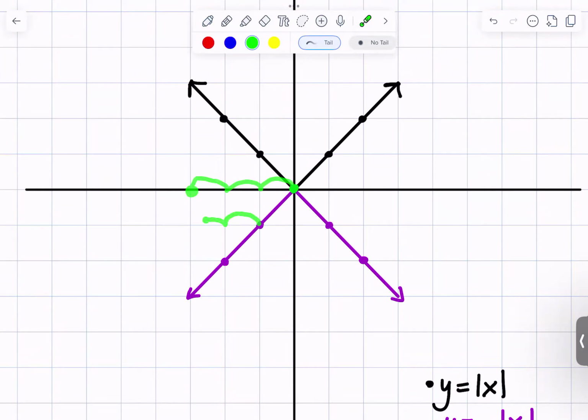Moving this point, 1, 2, 3, there's my point. 1, 2, 3, there's my point. 1, 2, 3, here's my point. And 1, 2, 3, here's my point. So your graph will look something like that. Okay?